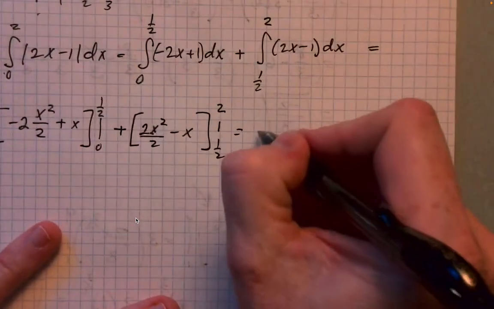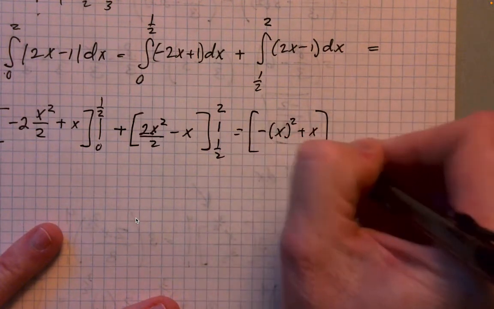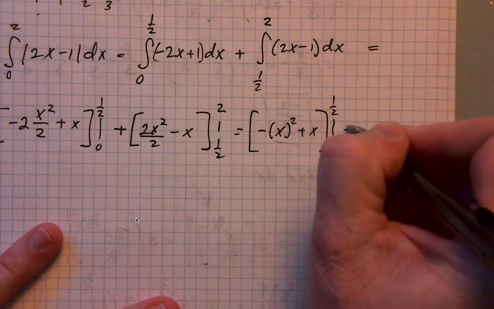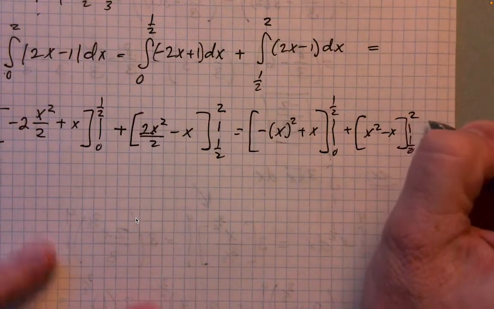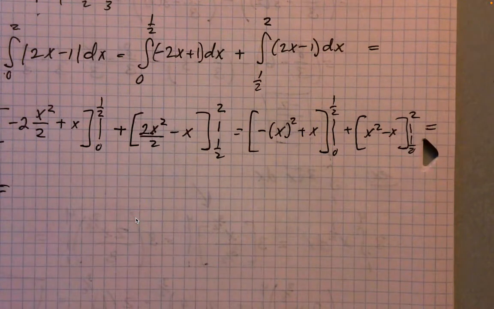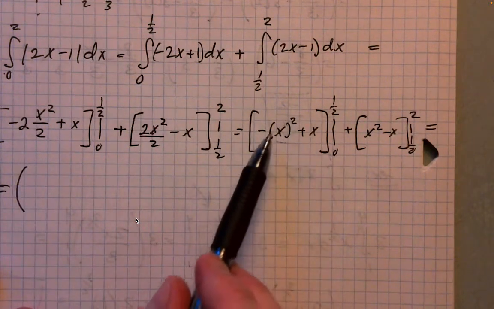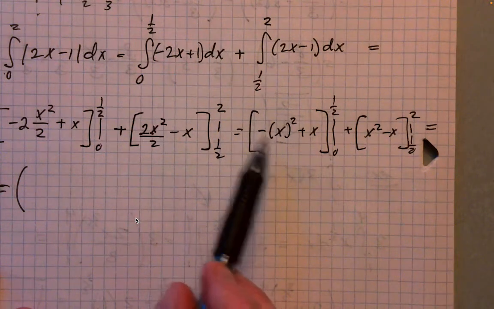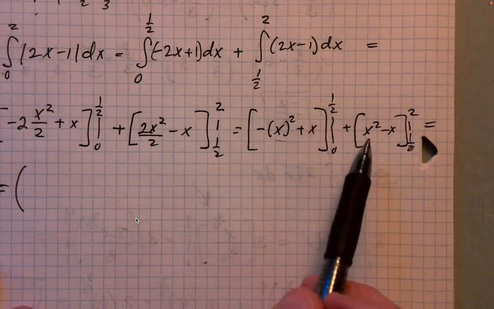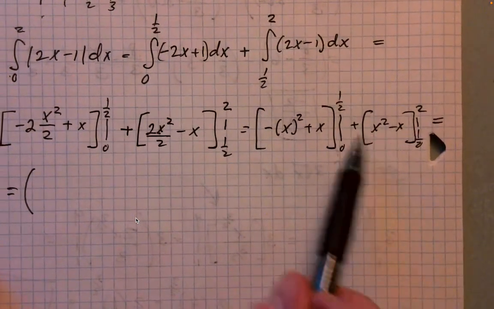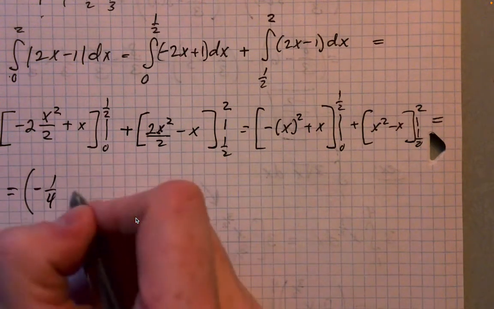Let's clean it up a little bit before we do the actual plugging in. We have to be careful to follow what we're doing. We're going to figure this out at 1/2, and subtract from that the same thing at 0, and then we're going to add to that the same practice with this other section. So what do I have? I've got negative 1/4 plus 1/2.